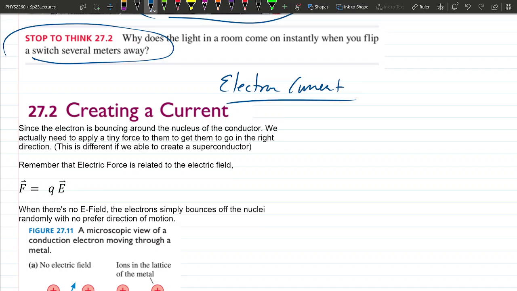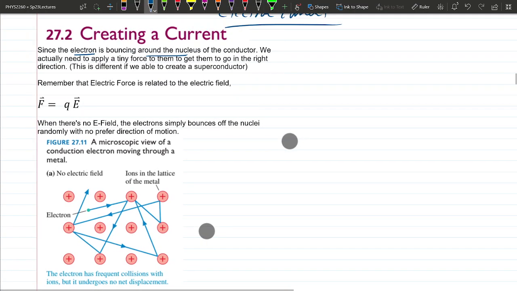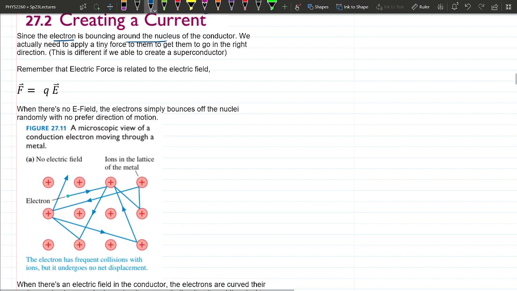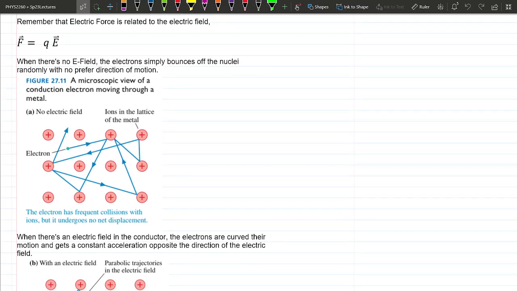Electrons are bouncing around the nucleus of the conductor. Let's just go back to this picture, where the book has a much better picture than I do, where you have electrons trying to get through all the positively charged nuclei of your conductor. So let's say this is the big old conductor.